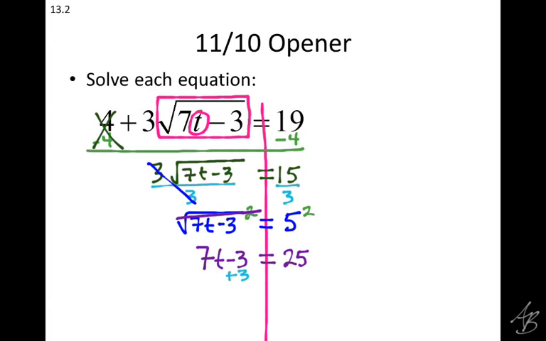So we add 3 to both sides to get rid of the minus 3. And when those 3's cancel, what does that leave us? 7t equals 28. And then I need to get rid of the 7. Divide by 7. All right, and then those 7's are going to cancel, leaving t equals 4.